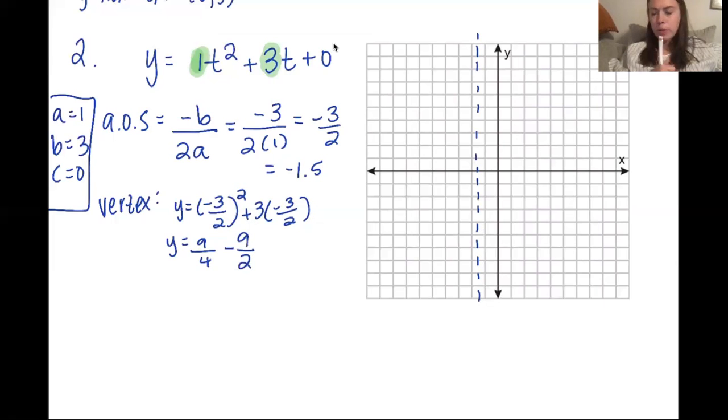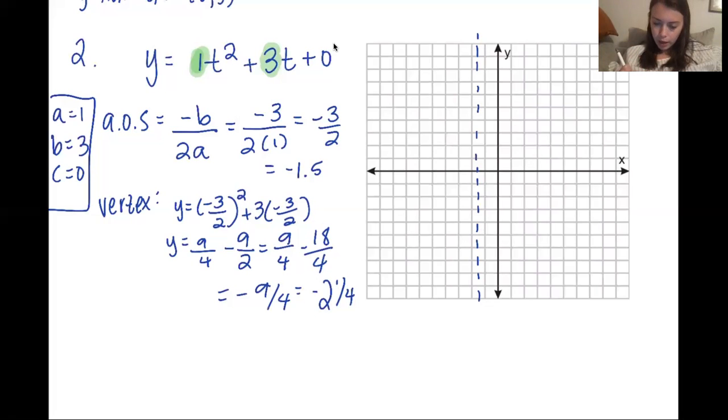And then you can use a calculator at this point, but I don't have one right here. So this would be 9/4 minus 18/4. So that would give me negative 9/4, I think, so let me just check over that real quick. That looks good, which is obviously not a super pretty fraction, but that simplifies to negative 2 1/4, I believe. So my vertex is going to be at (-1 1/2, -2 1/4). So right here, not beautiful, but it's okay.